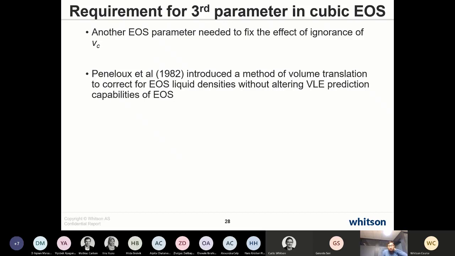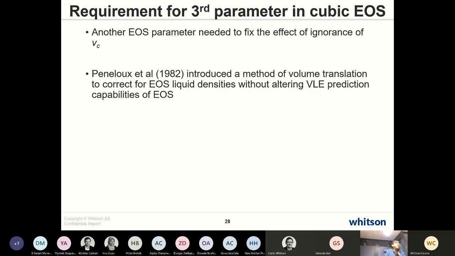Their idea was so excellent because the way they introduced it didn't change any capability of the equation of state model to predict accurately the vapor pressure curves or the vapor liquid equilibrium predictions.